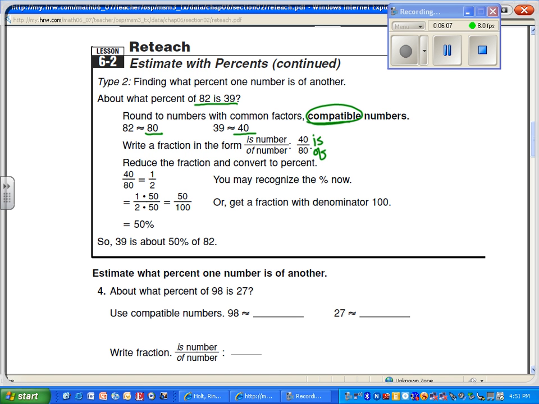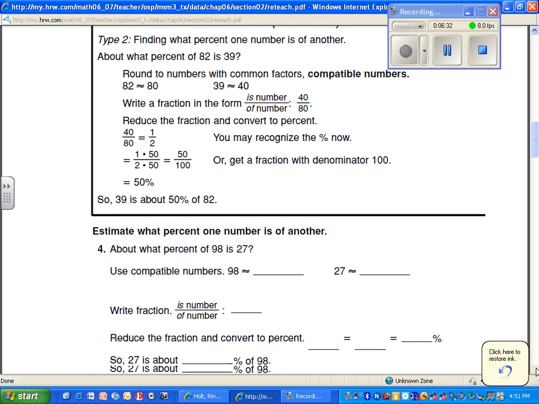So we end up having 40 over 80 once we round those numbers to nearby numbers that are compatible with each other. That reduces to 1/2, and we know that 1/2 is 50%. So 39 is about 50% of 82. It's about half. All right, let's take a look at these examples that you're given on your notes.